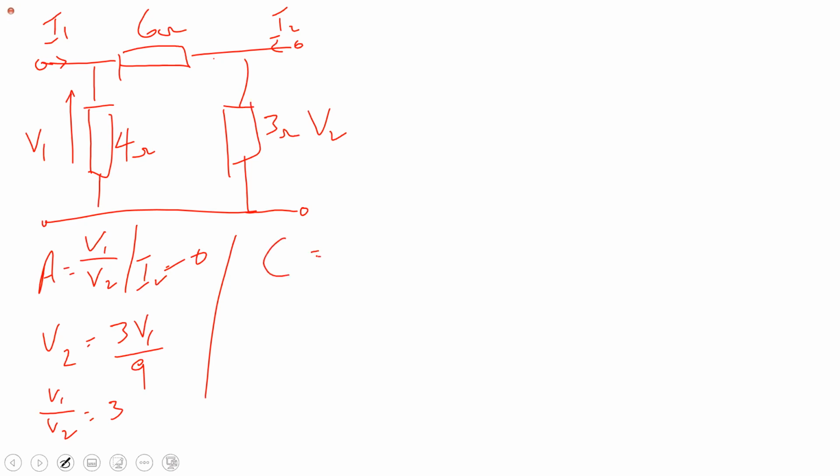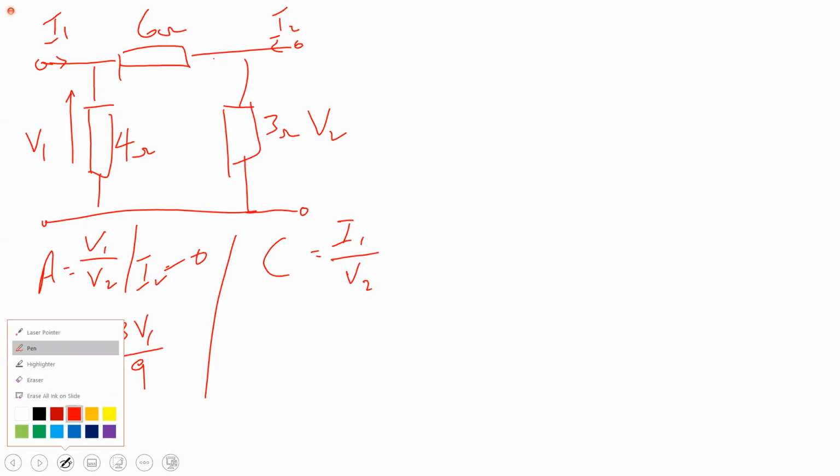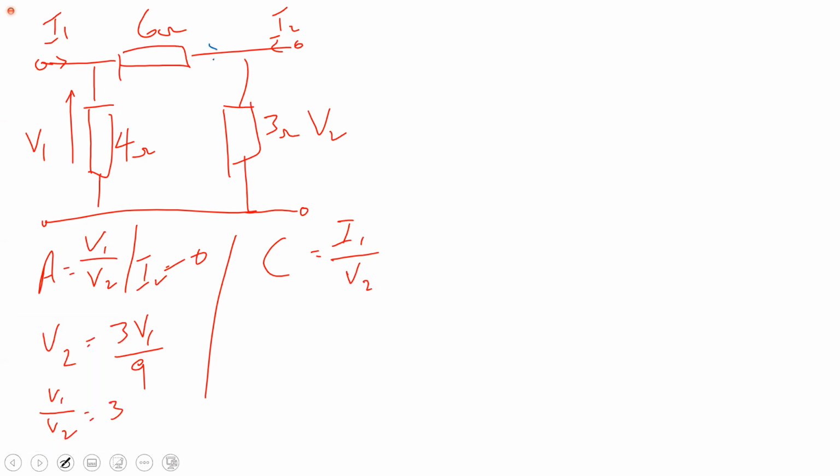For C, we have I1 over V2. If I call this IX, I want the current going through the 3 ohm.